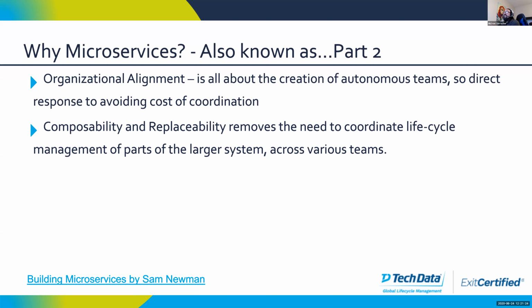The other piece, of course, is that because the dependencies are removed, you don't have to coordinate life cycles anymore. I need feature A in this module before I can release feature B. That might still be true. There might still be some dependencies, but for the most part, you can just deploy independently and implement features, and then you can toggle them on when team A has theirs on, right?